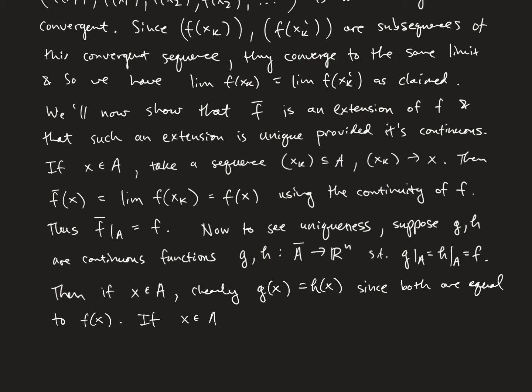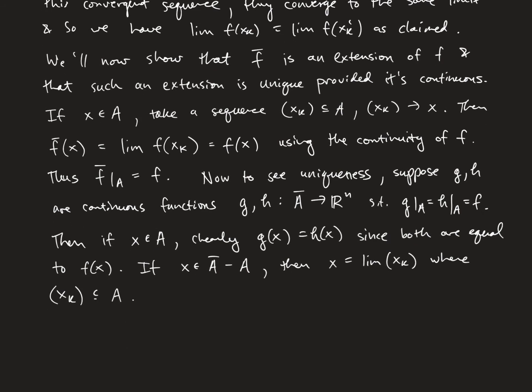If x is in A bar but not in A, then x is a limit point of A, then x equals the limit of some sequence xk where xk is in A. So now using the continuity of G and H, we have G at x is the limit of G of the xk, but those xk are in A, right?